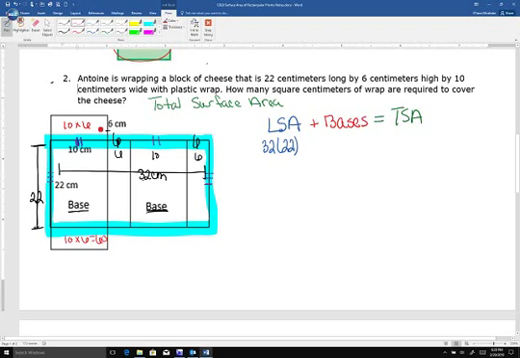They both have the area of 60. So I'm going to add 60 times 2. So I have my lateral surface area, which is 32 times 22. It is 704.